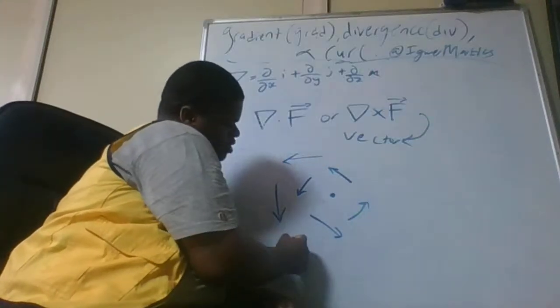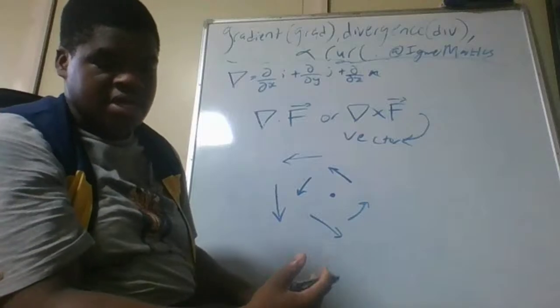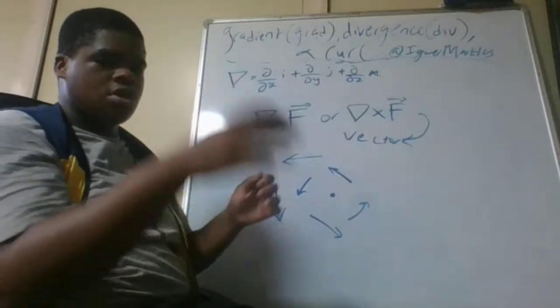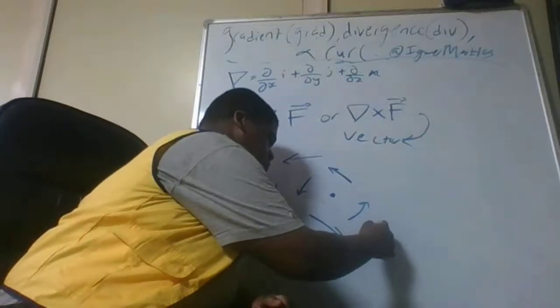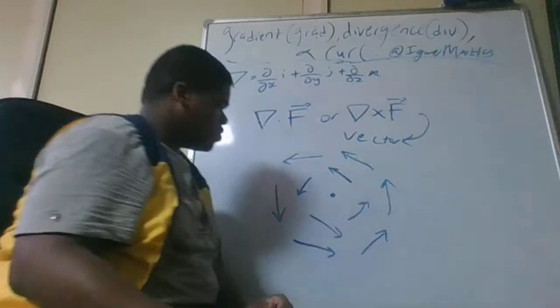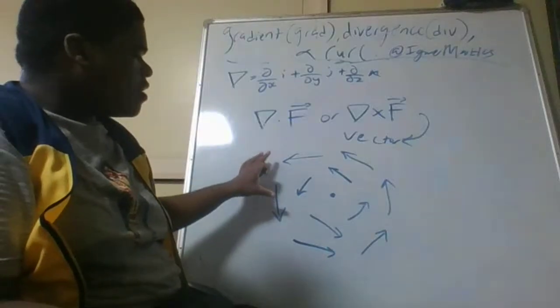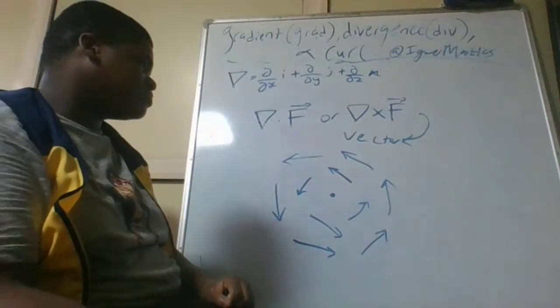Let's say this particular vector field has a divergence of 0. It doesn't increase, doesn't decrease. But it has a curl, it rotates.